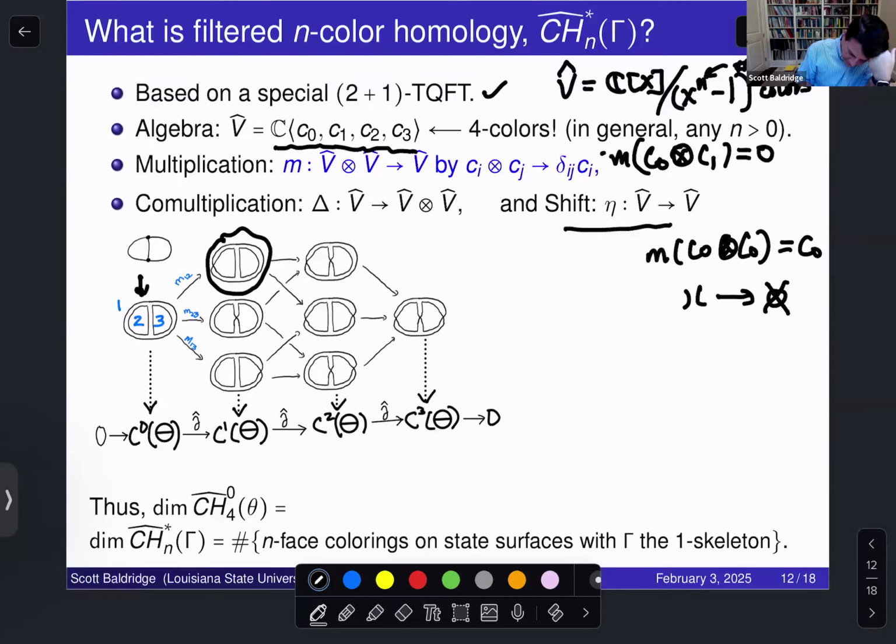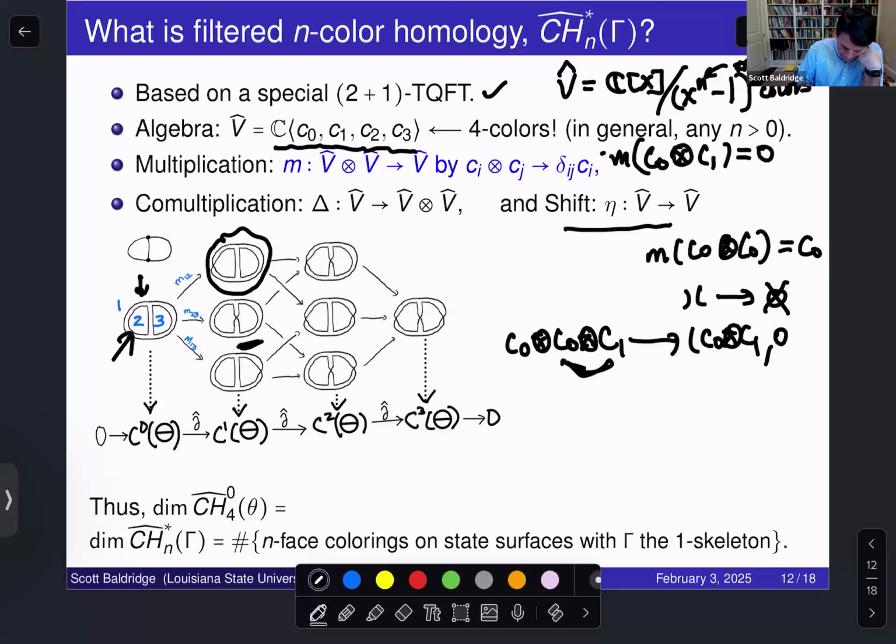If circle 1 is red, tensor, say, blue here, then the multiplication, at least in the first position, would be C0 times C0, red tensor red, which is C0 again. And then the second component multiplies 2 and 3, that would be 0. And then the third component multiplies 1 and 3, that would be 0.